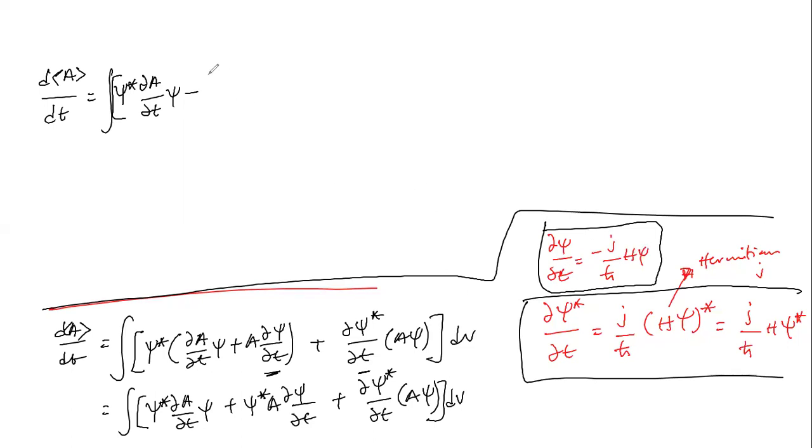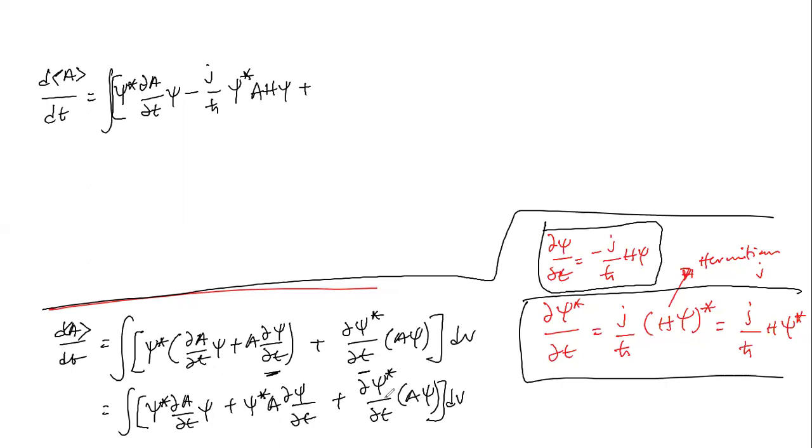So that's minus j over h cross, then the conjugate of the state function, then we have A and the Hamiltonian H, then the state function psi. Now plus.